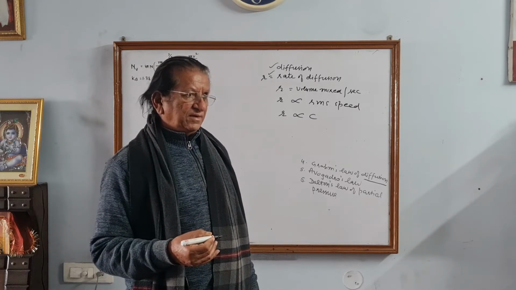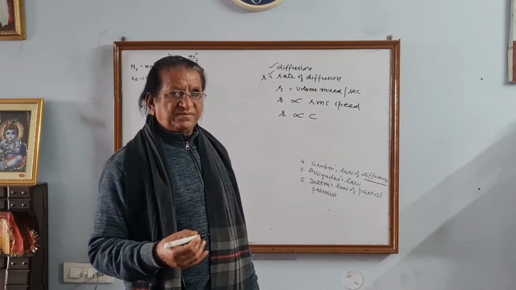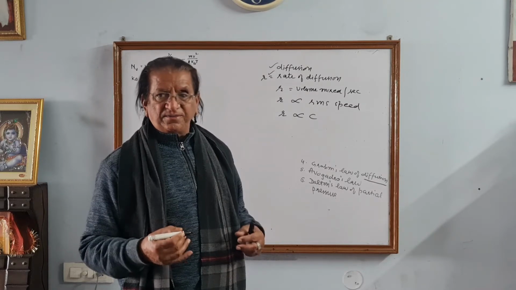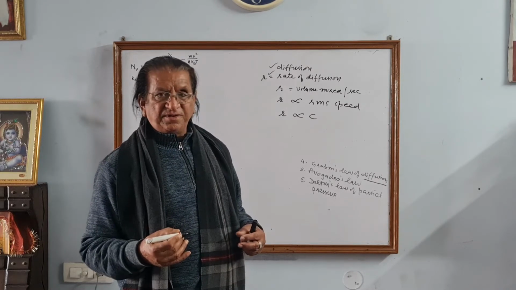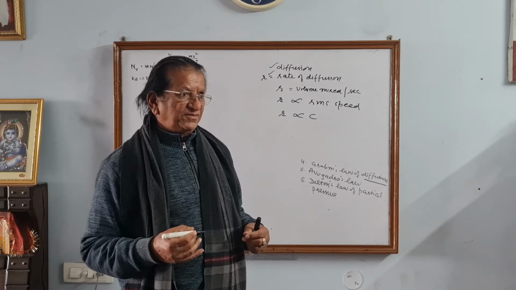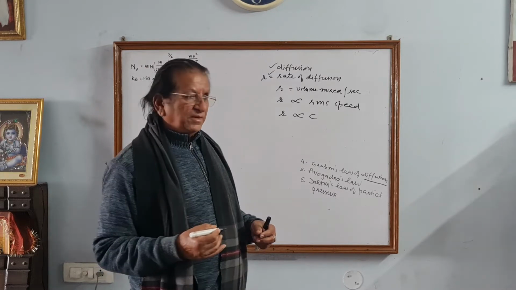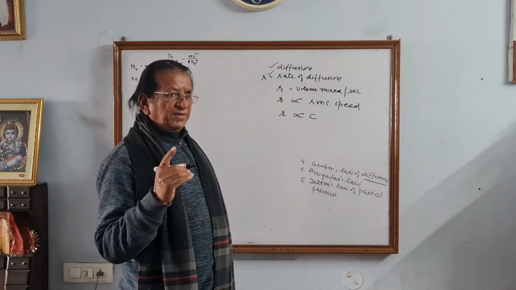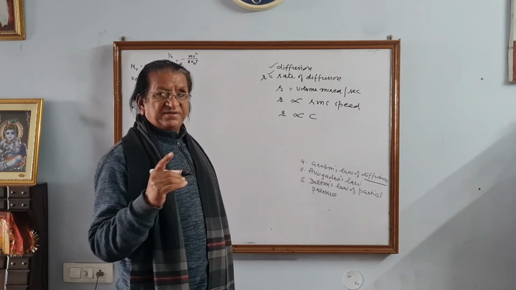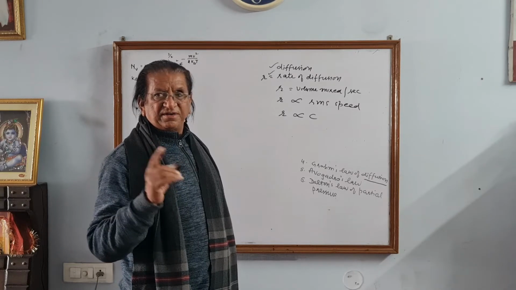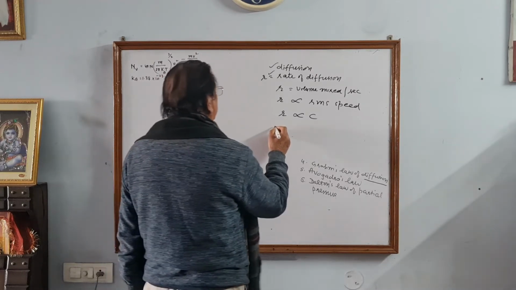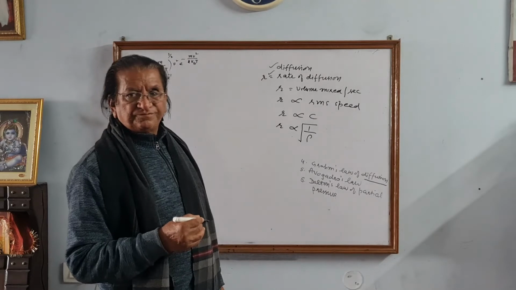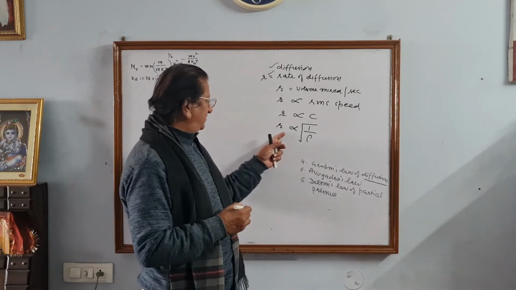कॉमन ऑब्जर्वेशन, इंटरमिक्सिंग हो रही है दो या दो से ज्यादा गैसेस की, केमिकल रिएक्शन हो नहीं रहा, तो हम ये देख रहे हैं कि कौन सी गैस जल्दी मिक्स हो सकती है, जो लाइटर होगी, जिसकी डेंसिटी कम होगी और जिसकी स्पीड ज्यादा होगी। ओके, तो ग्राहम्स लॉ ऑफ डिफ्यूजन क्या कहता है? अंडर सिमिलर कंडीशंस ऑफ टेम्परेचर एंड प्रेशर, दोनों गैसेस को सिमिलर कंडीशन देनी है, टेम्परेचर सेम रखना दोनों का। तो रेट ऑफ डिफ्यूजन इज इनवर्सली प्रोपोर्शनल टू स्क्वायर रूट ऑफ इट्स डेंसिटी। दिस इज ग्राहम्स लॉ ऑफ डिफ्यूजन.